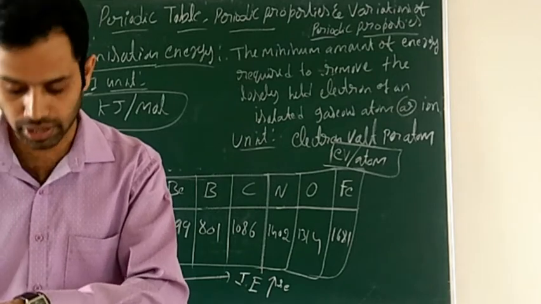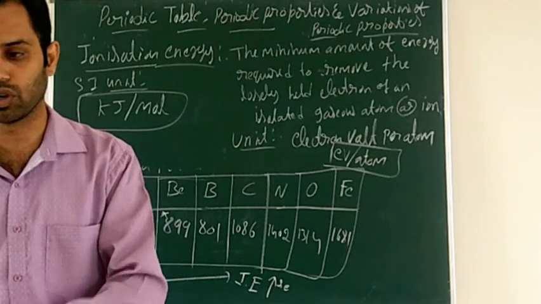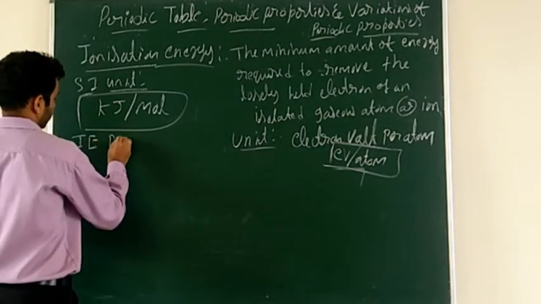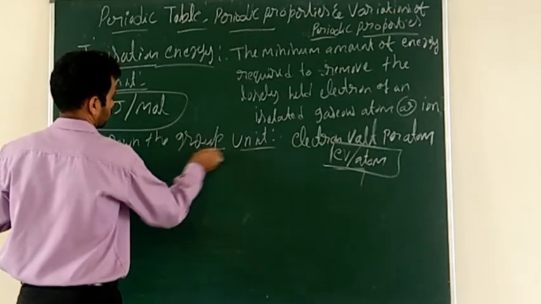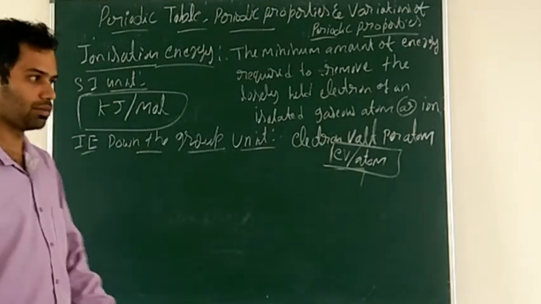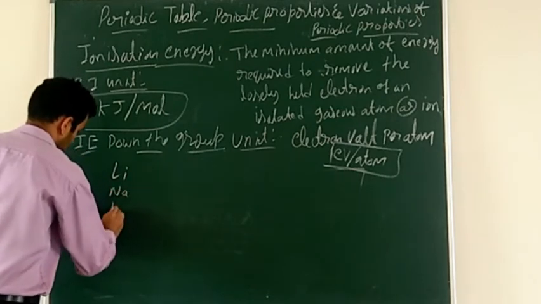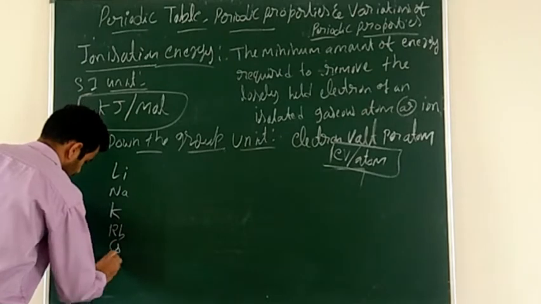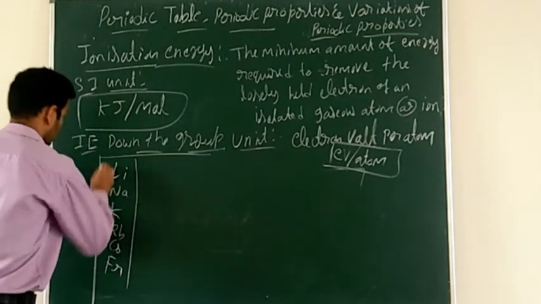So ionization energy will decrease as we move down the group. Let's see that. Ionization energy down the group. The first group elements: lithium, sodium, potassium, then rubidium, cesium, francium.